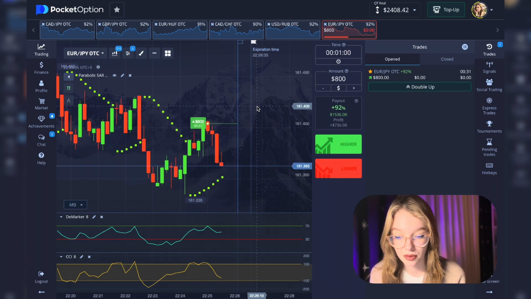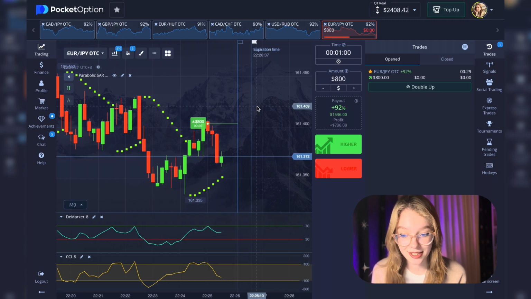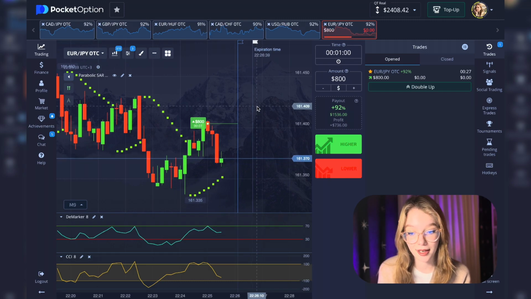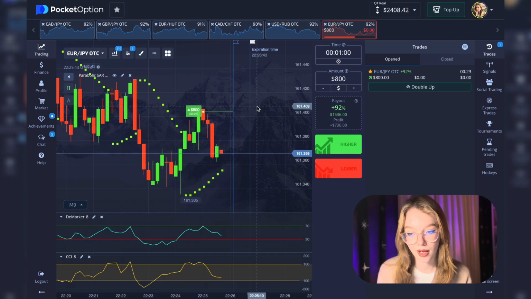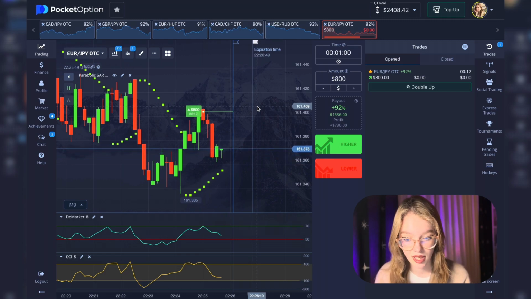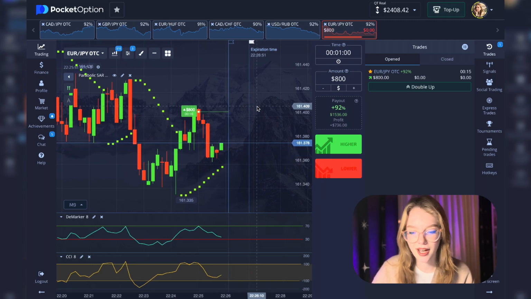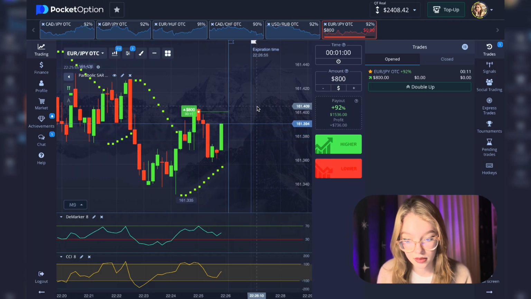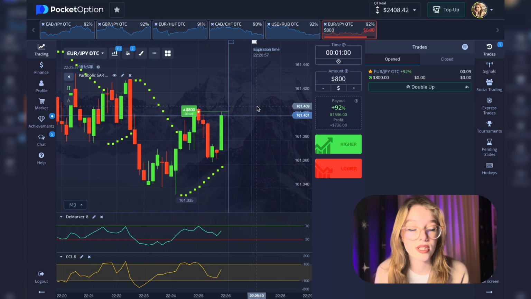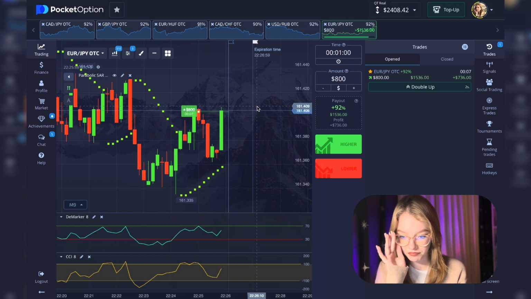High values of the indicator indicate that prices are high compared to the average, and low values indicate that prices are underestimated. That is, CCI can be used to determine overbought and oversold levels.